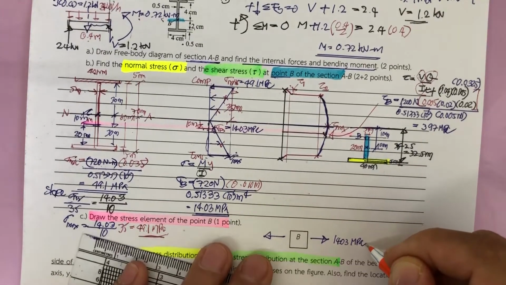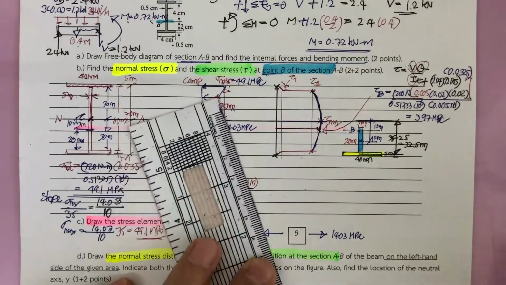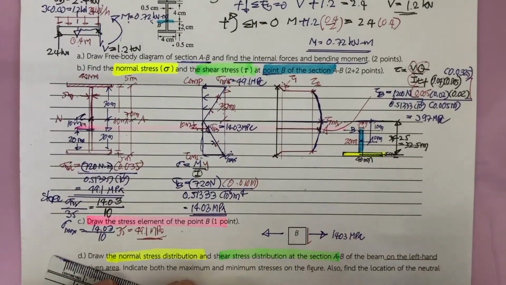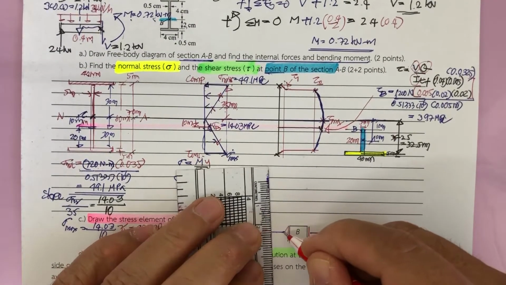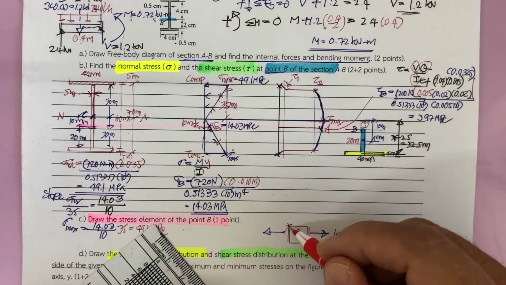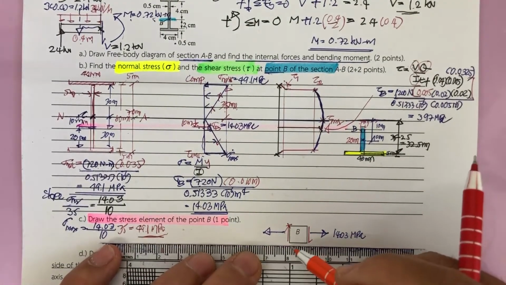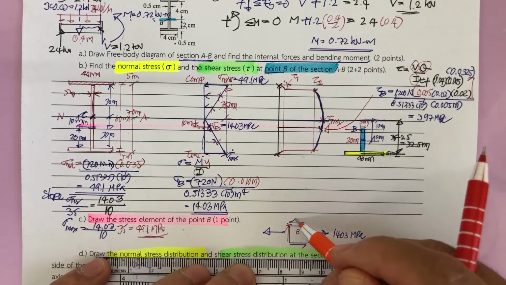And then the shear is downward. That means this stress is downward. When this one is downward, it's going to have this one upward. And if you take moment here, this rotates this way, and we have this one to balance this one.